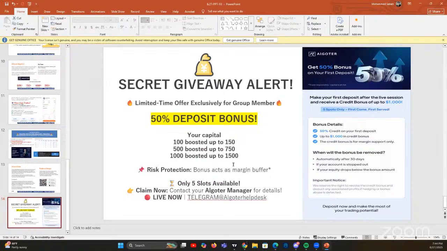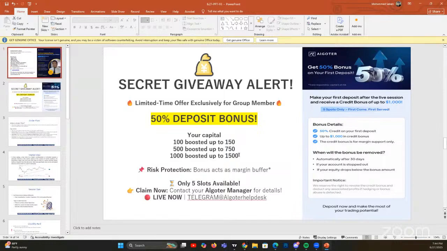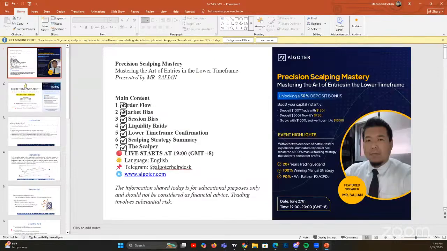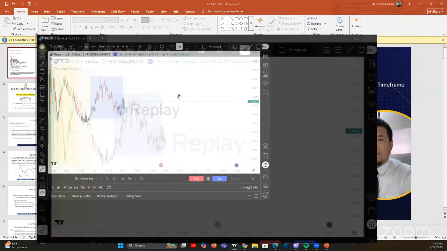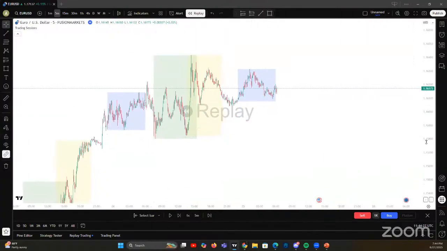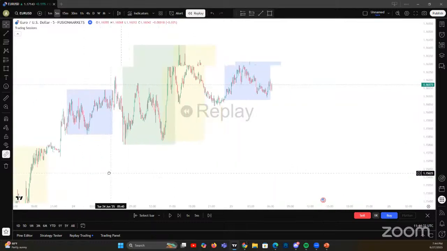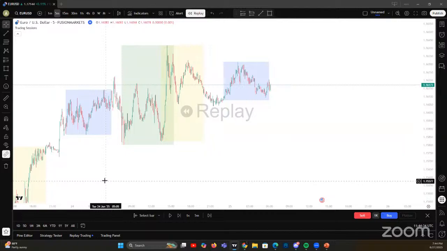Before we end the webinar, we will now piece together what we have discussed about scalping. So let's do this. What you can see in this example is clearly an uptrend, right?